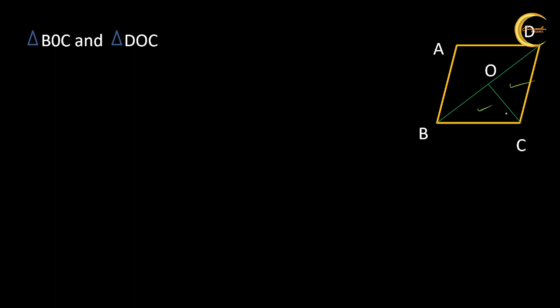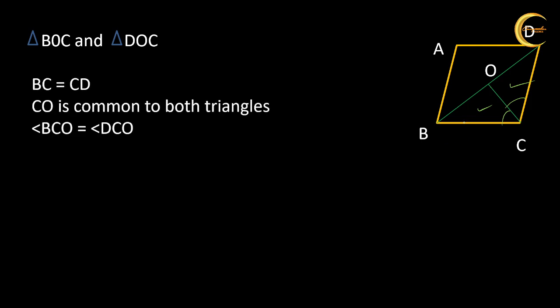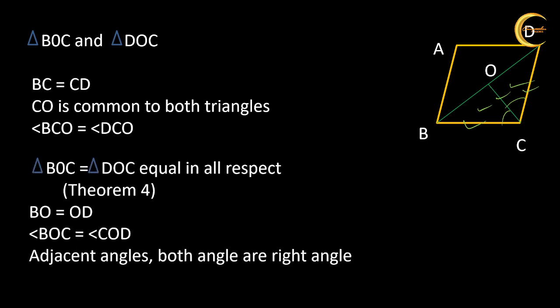Earlier we proved that angle DCB is equal to angle OCB, and this OCB angle is equal to OCD angle, or DCO angle. Now side BC equals side CD, and OC is common to both triangles. So we can say these two triangles, triangle BOC and triangle DOC, are equal in all respects. And it comes from theorem 4.